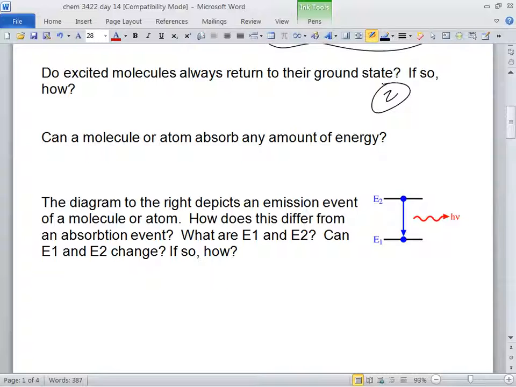The diagram to the right depicts an emission event of a molecule or atom. How does this differ from an absorption event? What would you say, Alyssa? This is supposed to be an emission event. How would you change it to make it look like an absorption event?